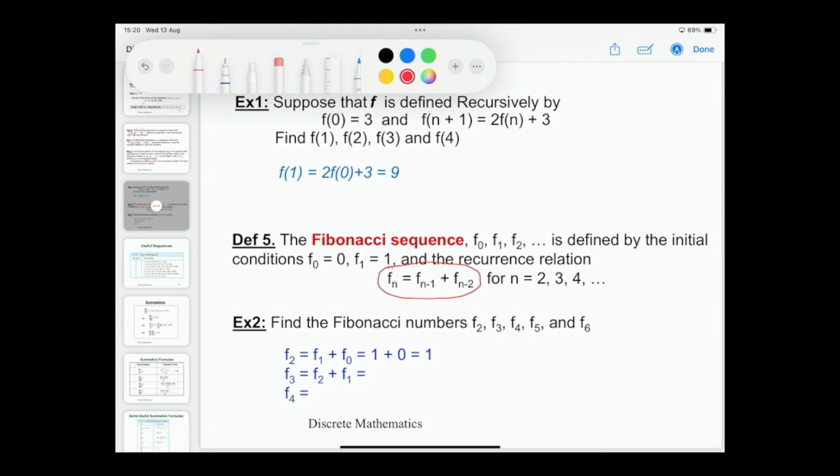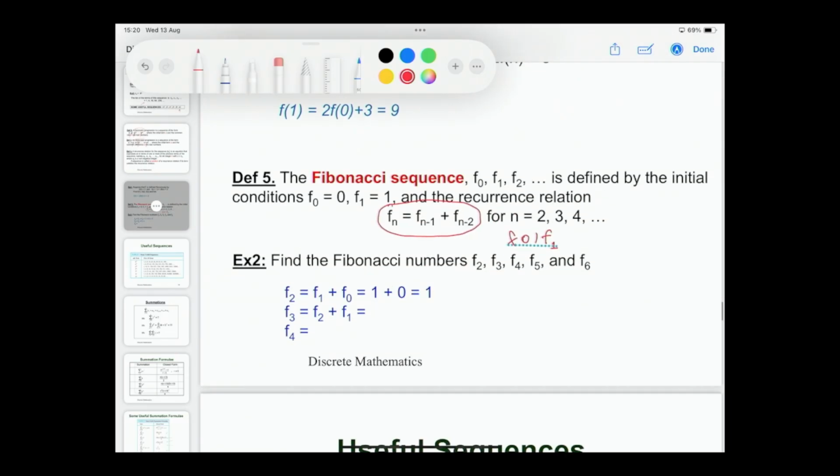So the sequence F_n, or we can think of that as a function. When we know the initial conditions, that is F0 and F1 are known, then we can find out F2, F3, and so on, like here.